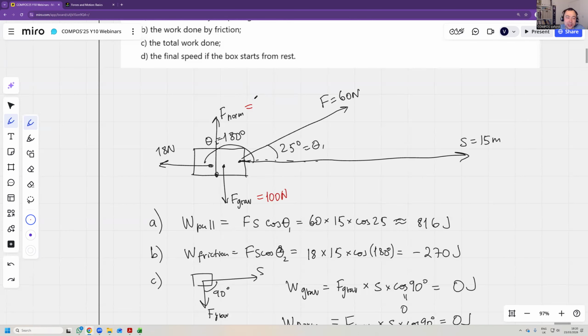Yes or no? In the chat, please. If the gravitational force is 100, would the normal force be 100 as well? Don't be afraid to get it wrong, and don't be afraid to get it right.